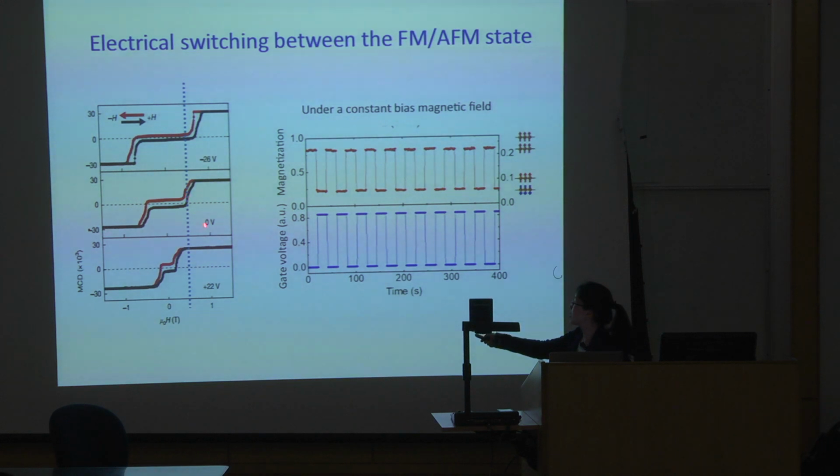For this electric field, it's in the transition, and for this, you're in the antiferromagnetic state. So if I park my magnetic field right here and dial my gate potential, then I can switch the system from high magnetization to low, high to low, right? And this is what this shows.